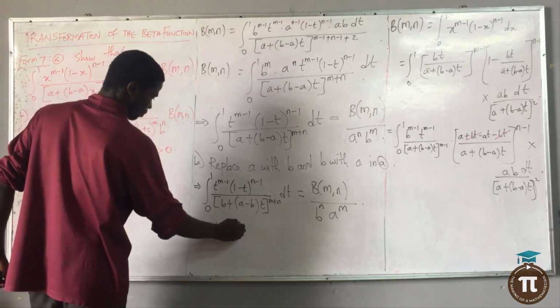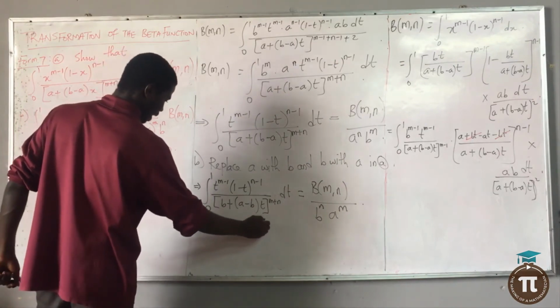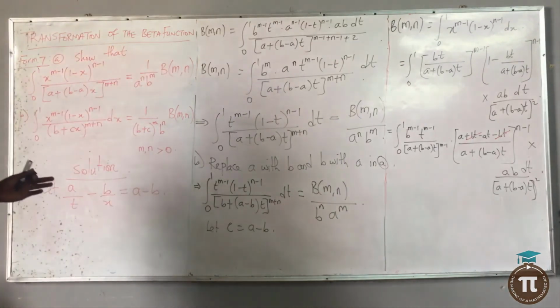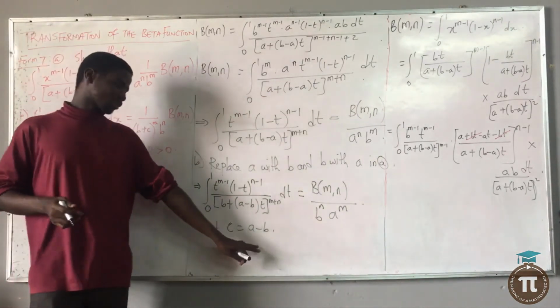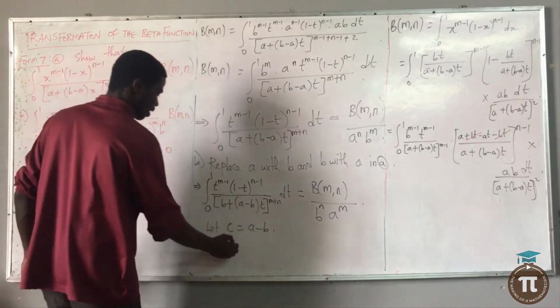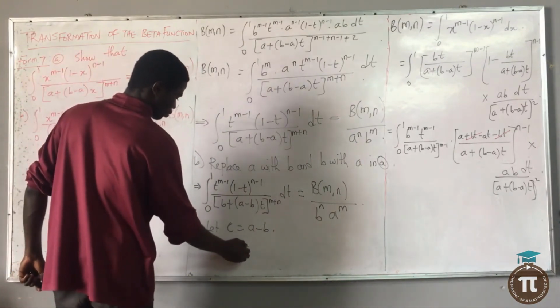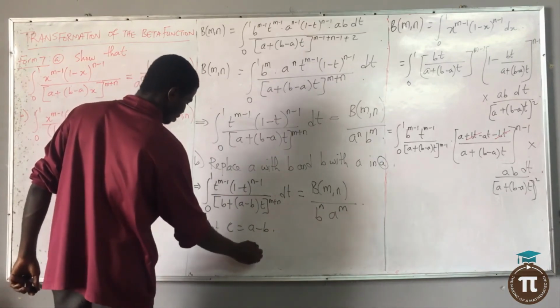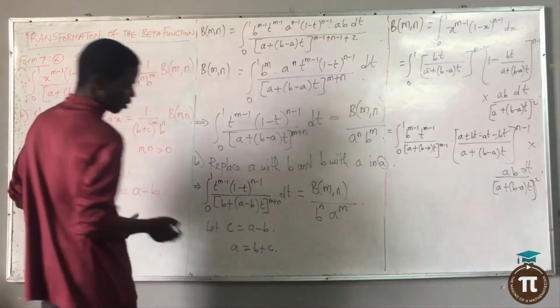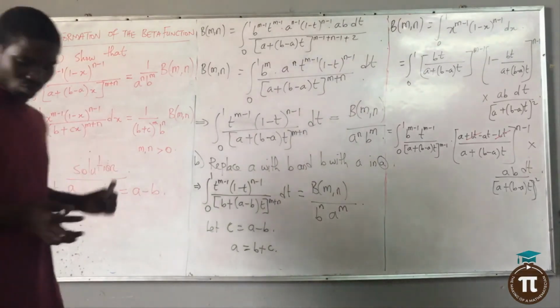let c be equal to a minus b. So you make a the subject from here. Let c be equal to a minus b, so that then make a the subject of formula. a will be equal to b plus c. So we'll put it inside it as well.